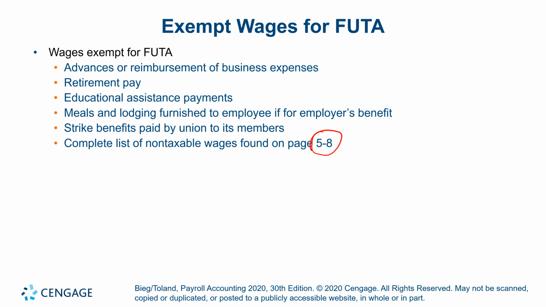Here are a few of them: advances or reimbursement of business expenses, retirement pay, educational assistance payments, meals and lodging furnished to an employee if for the employer's benefit, strike benefits paid by a union to its members, workers' compensation payments, and reimbursement of an employee's moving expenses. It says if at the time of payment, it is reasonable to believe that the employee will be entitled to a deduction for those expenses when they file their tax return.